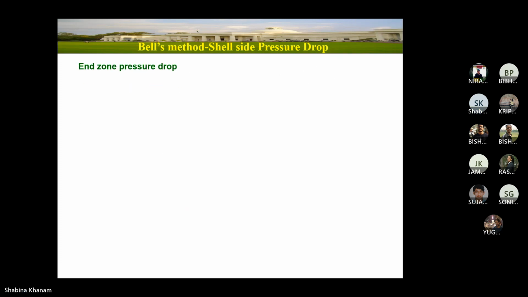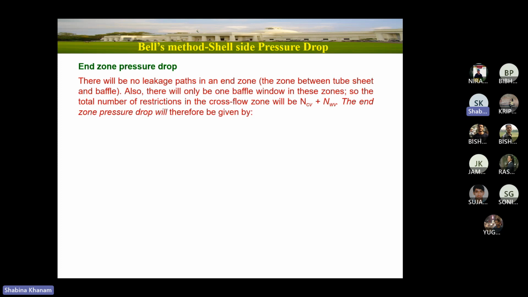Now another zone I have is the end zone. End zone means where the nozzle is available in the shell and fluid is entering the shell. The end zone will lie between the tube sheet and the first baffle.